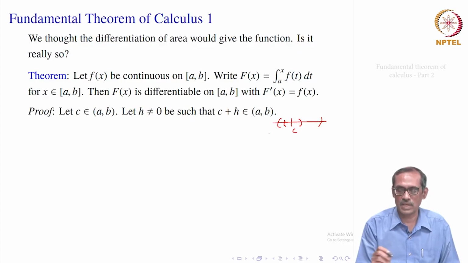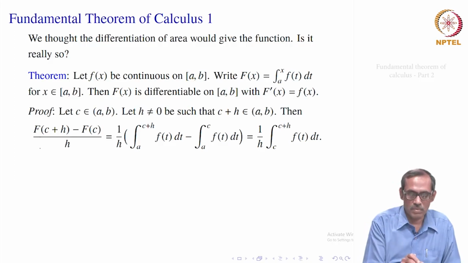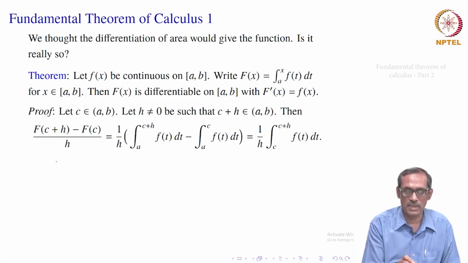So, such an h can be chosen. Now, let us take some h like this, which is c plus h belongs to a b. Then we want to show that capital F prime at c, by definition, is the limit as h goes to 0 of F of c plus h minus F of c divided by h.